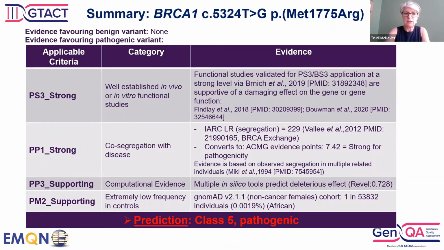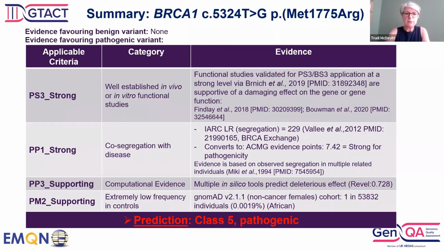You can now give it the weighting it deserves, really. So the multifactorial data for segregation has a likelihood ratio for odds of causality at 229. So this converts to 7.42 ACMG evidence points, which gives you a strong for pathogenicity for segregation.